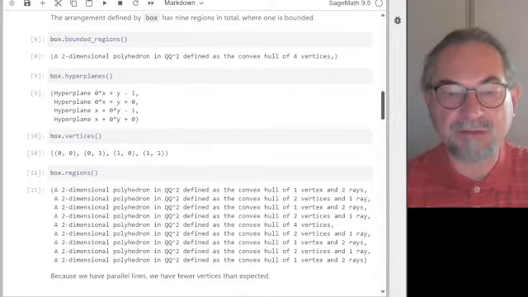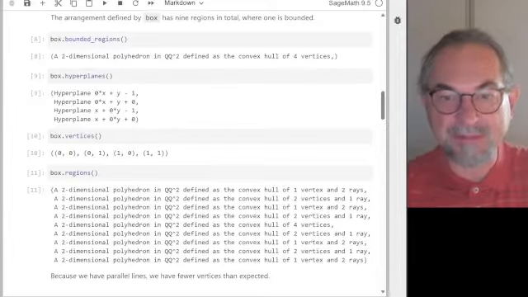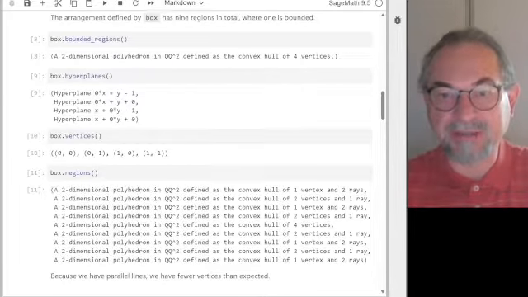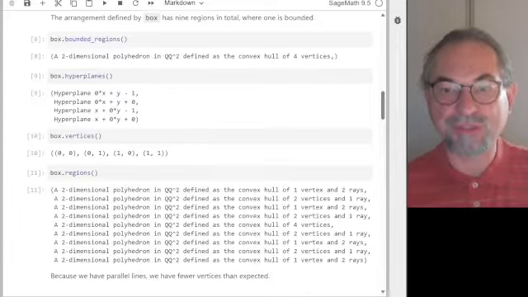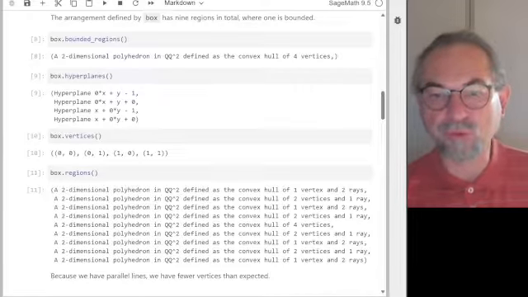And then we can ask for the regions more specifically. So there are 9 regions. Here you see, smack in the middle, the convex hull defined by these 4 vertices. But then we have the unbounded regions that are defined by 1 or 2 vertices.